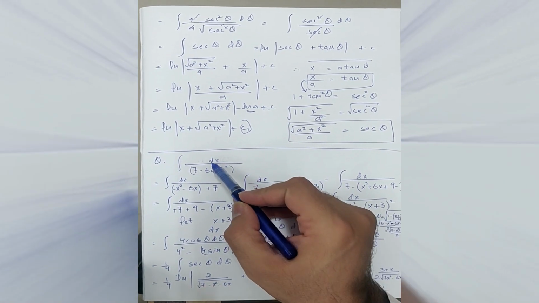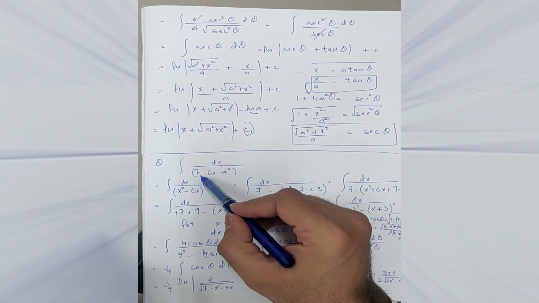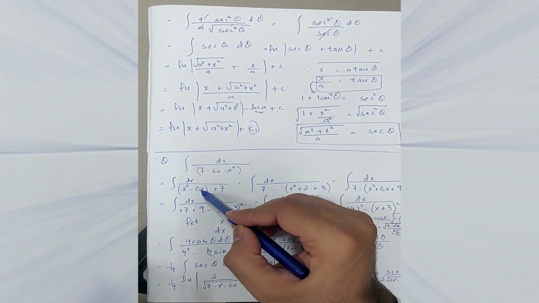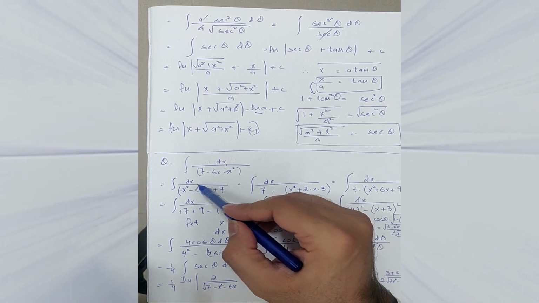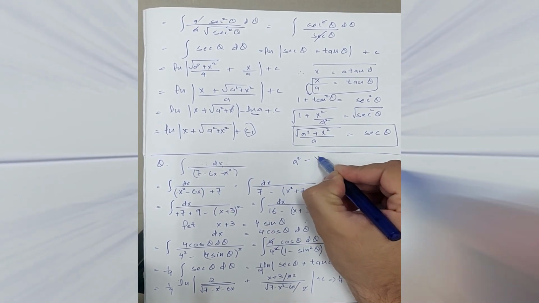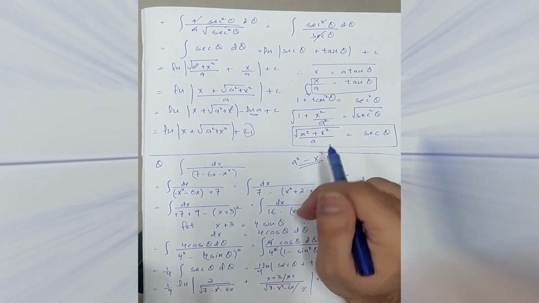Now we will solve another integral here, integral of dx divided by 7 minus 6x minus x square. Now what we do here, we convert this into a square minus x square form.